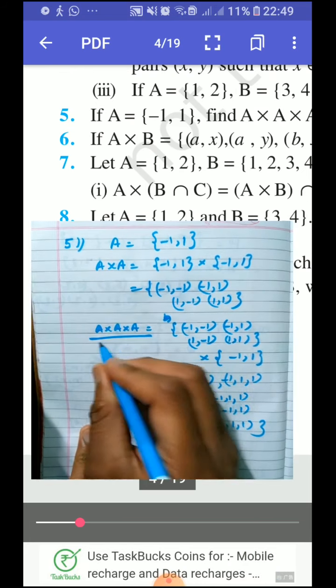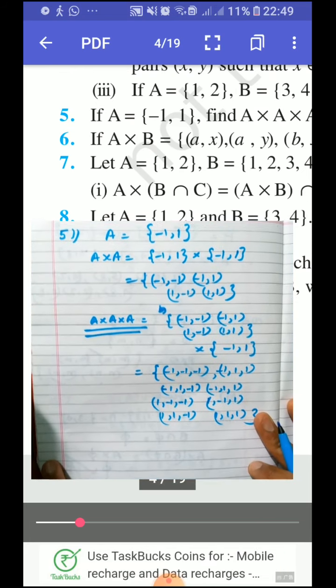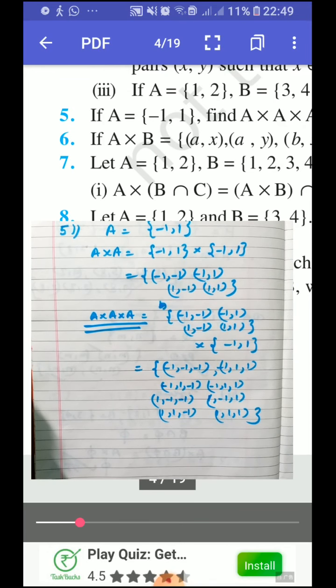This is A Cartesian A Cartesian A, right?